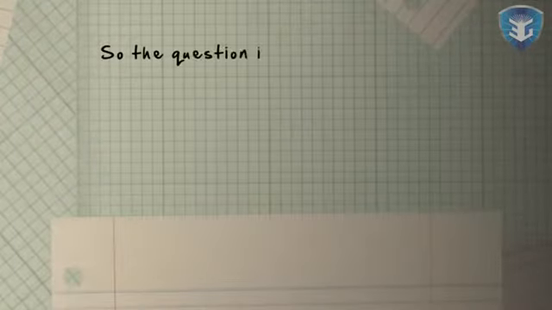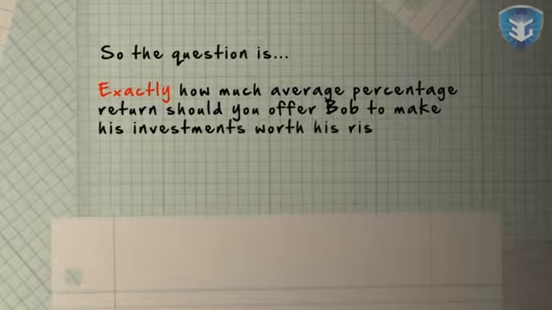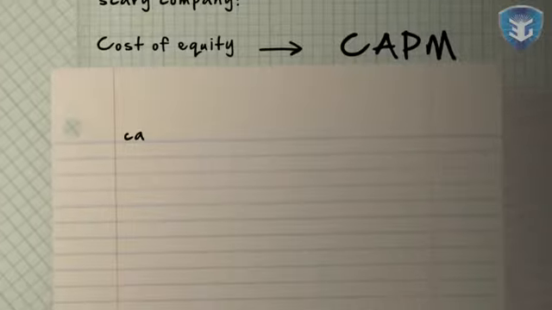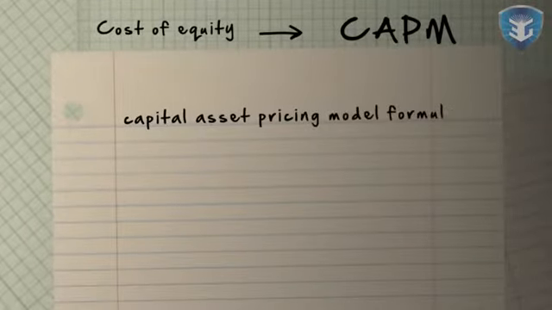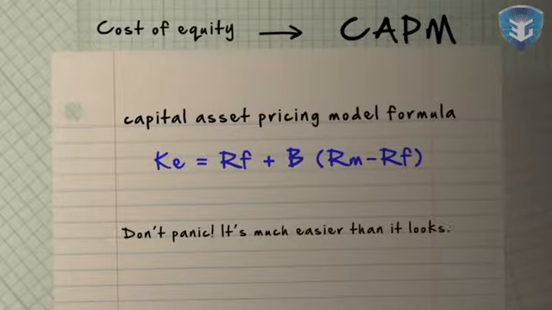So the question is, exactly how much average percentage return should you offer Bob to make his investment worth his risk in your scary company? This percentage is called your cost of equity, and we calculate it using the CAPM, or Capital Asset Pricing Model formula. Don't panic, it's much easier than it looks.